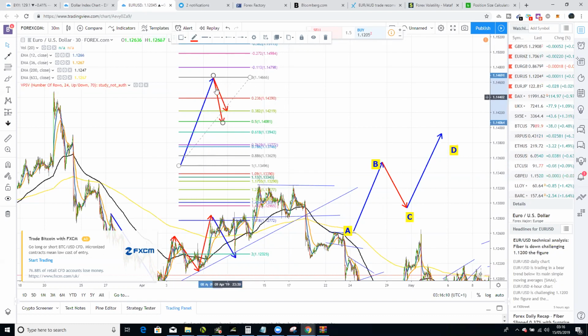If you remember, our A to B equals C to D, need to give us another retracement as well. So instead of us having a retracement such as C to D, which will go above this particular A level, we are now looking at a complex retracement that wouldn't get to the A level.